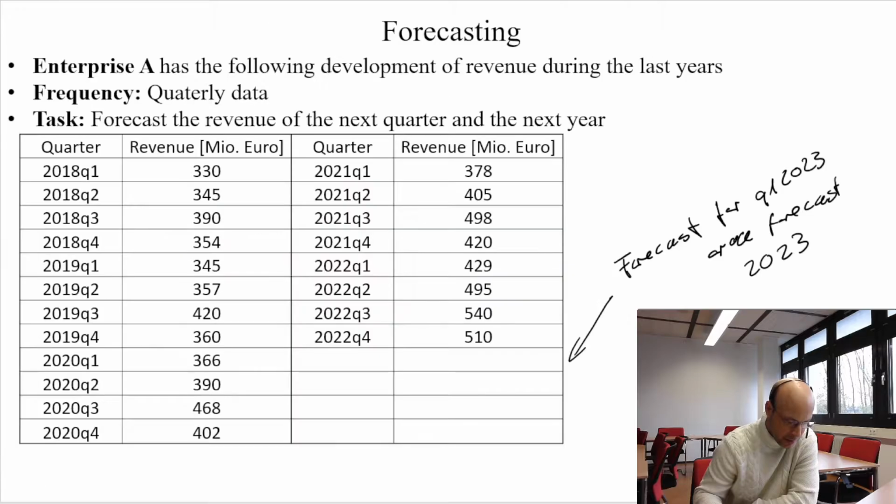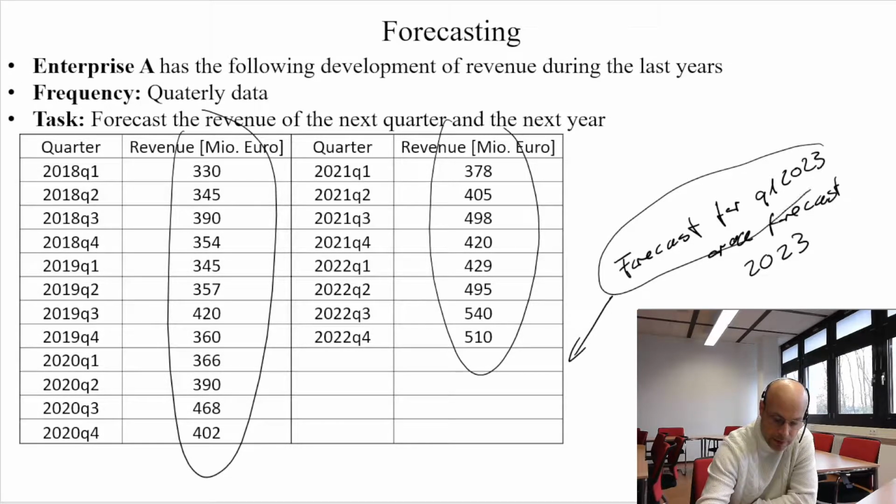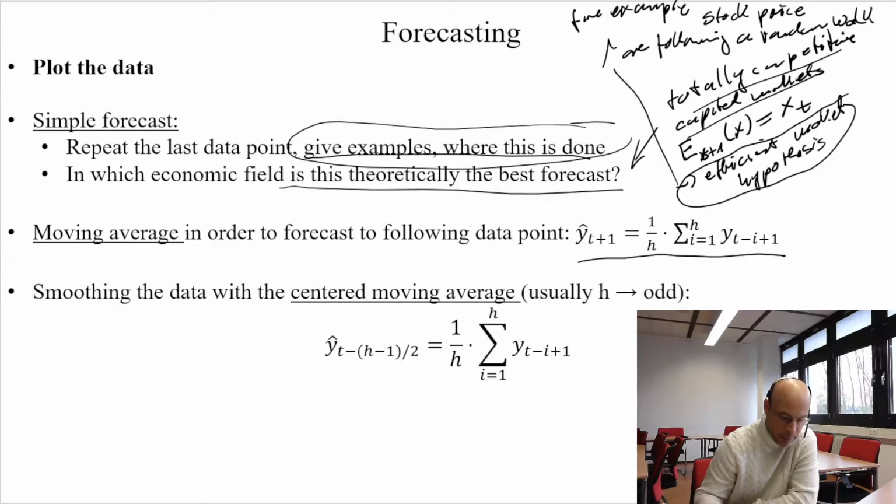And we started with different methods. Take here our example of a data set, quarterly data, and we want to forecast for the year 2023 for the whole year, and of course also for the quarterly data.